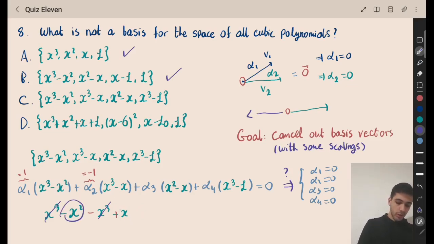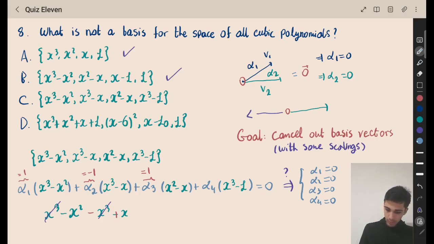How do I cancel minus x squared plus x if all I have is this x squared minus x? What should my choice for alpha 3 be if I want to get a 0 in the end? Yes, the answer is just to take alpha 3 to be 1.